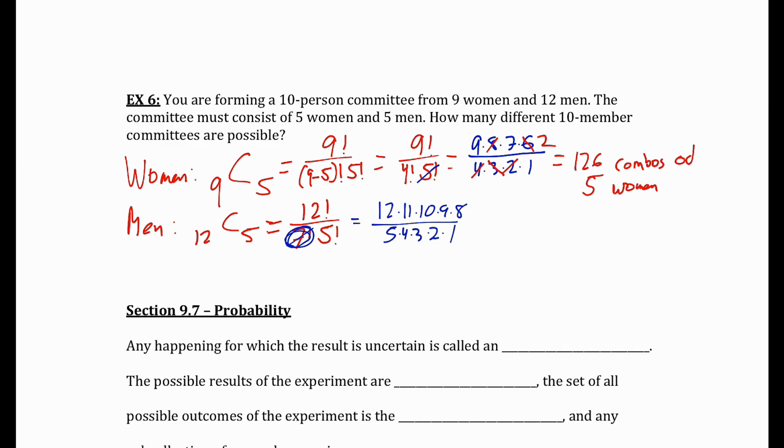Simplifying this a little bit, 5 and 2 gives us 10, so let's cross that off with the 10 up top. 4 and 3 multiply out to 12, so we can cancel out that 12. So now we're really just with 11 times 9 times 8, which is 792. And that's 792 combos of 5 men.